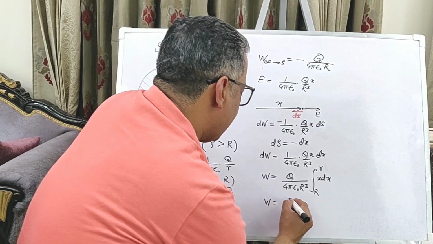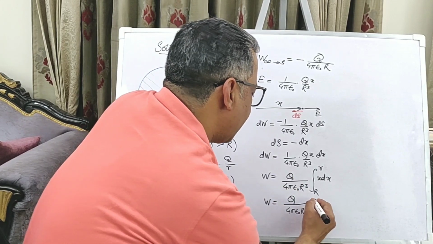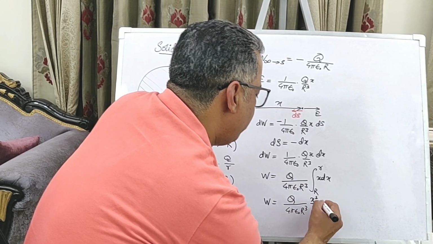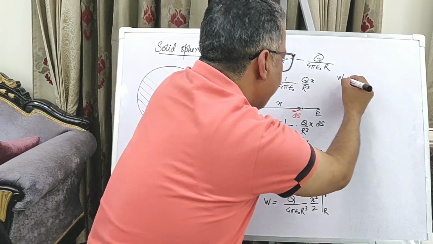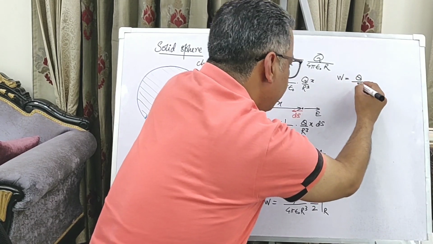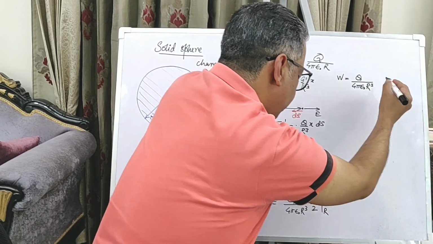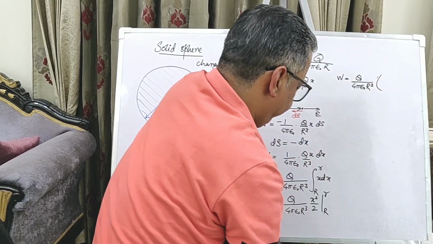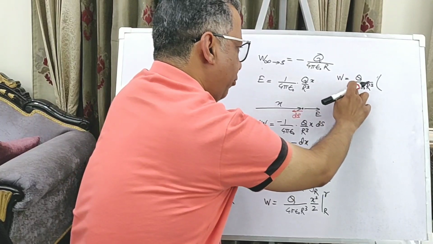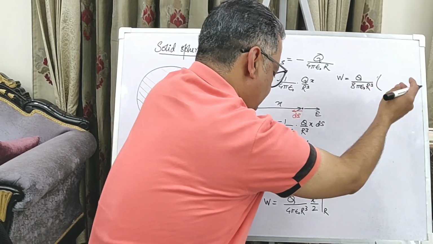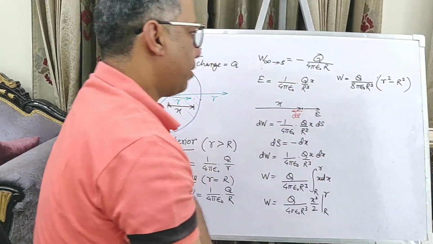Now this work done comes out to be q by 4 pi epsilon naught R cube times x square by 2 from R to r, and therefore the work will be q by 4 pi epsilon naught R cube, this 2 merges with this 4 to become an 8, and here we have small r square minus capital R square.